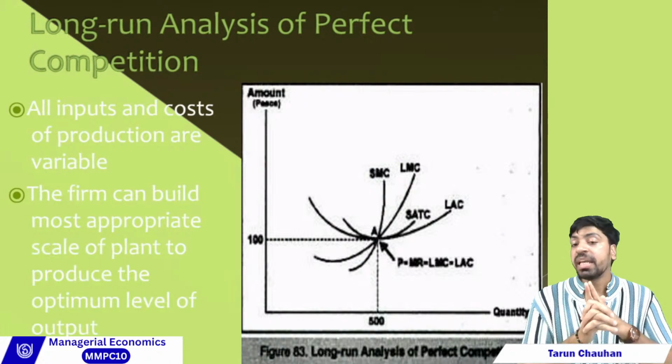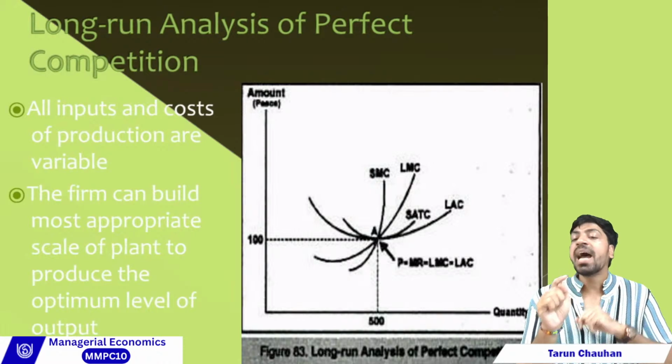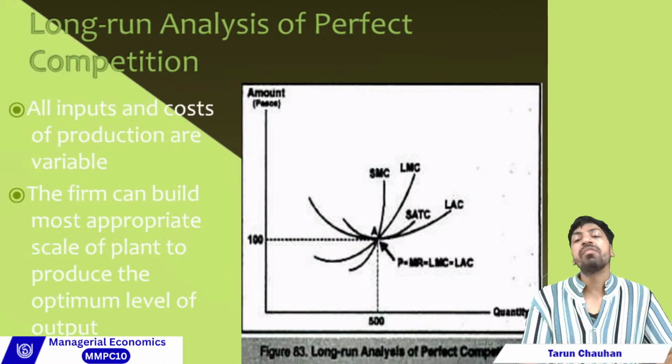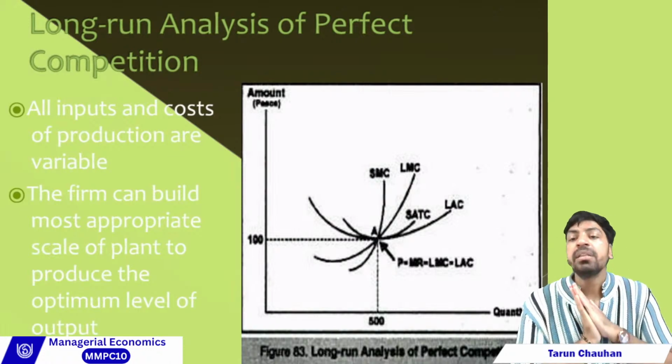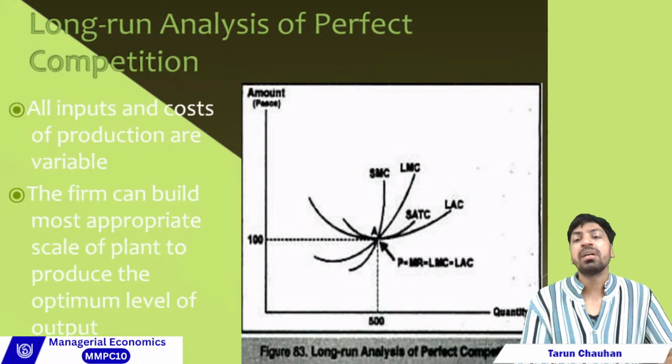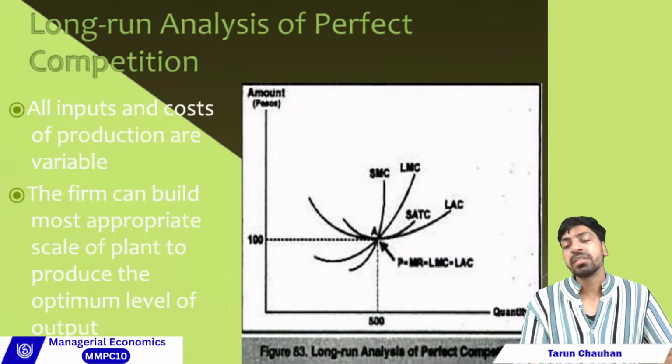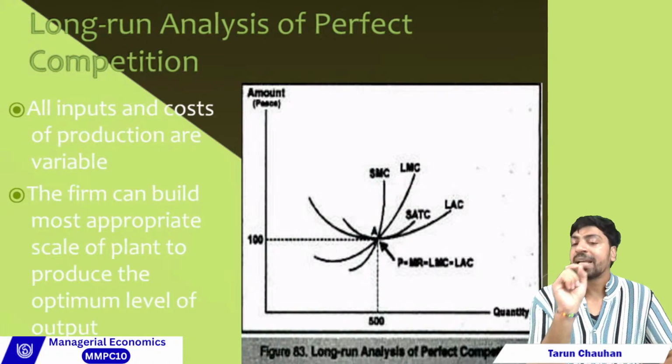So the short run average total cost curve touches the minimum point of the long run average cost curve.